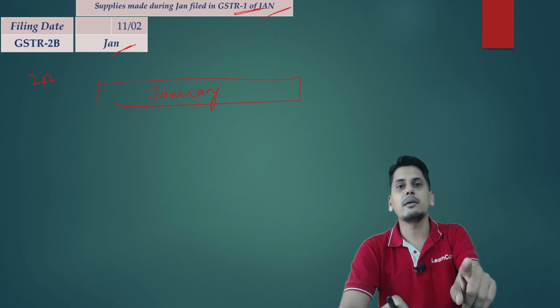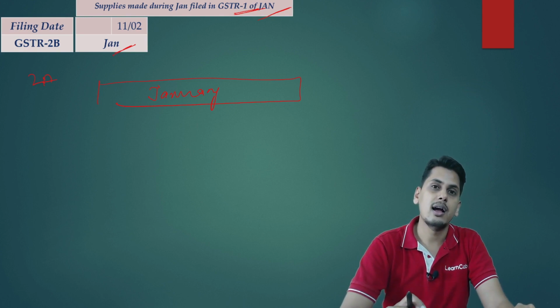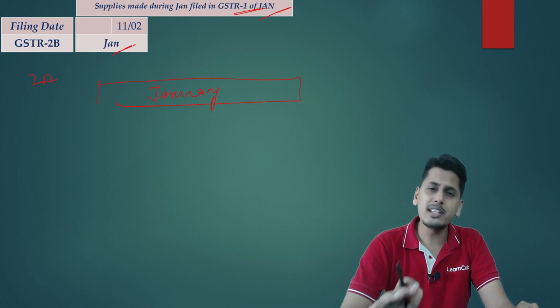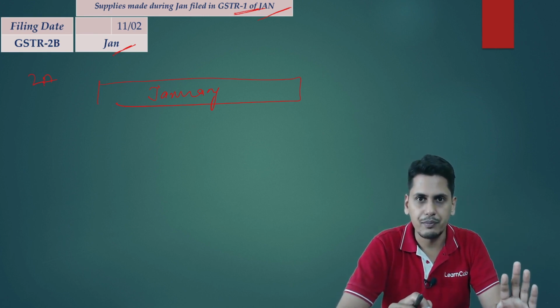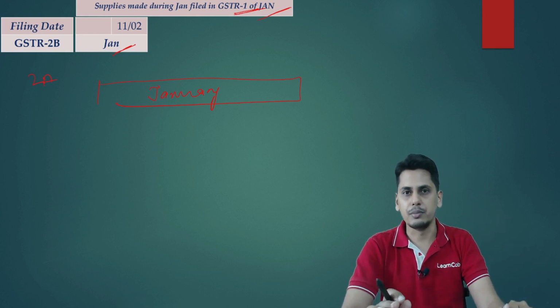If it is filed after 11th of February, what is meant by filing after 11th of February? Which means on or after 12th of February. If it is filed by 11th of February, it will appear in Jan month's 2B.